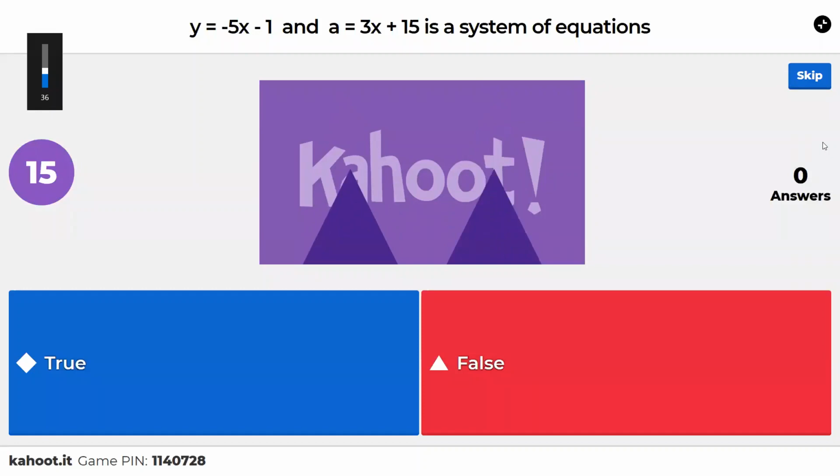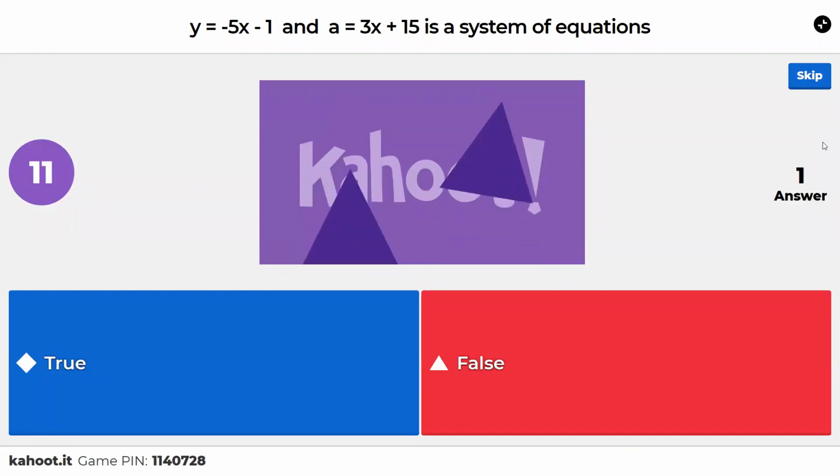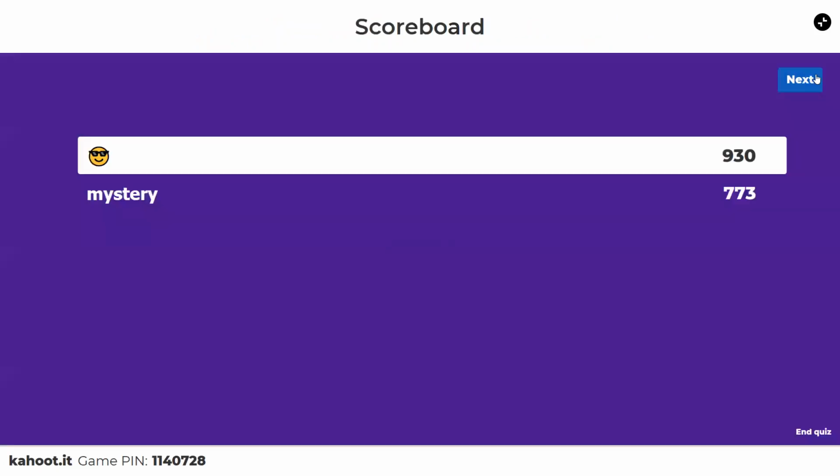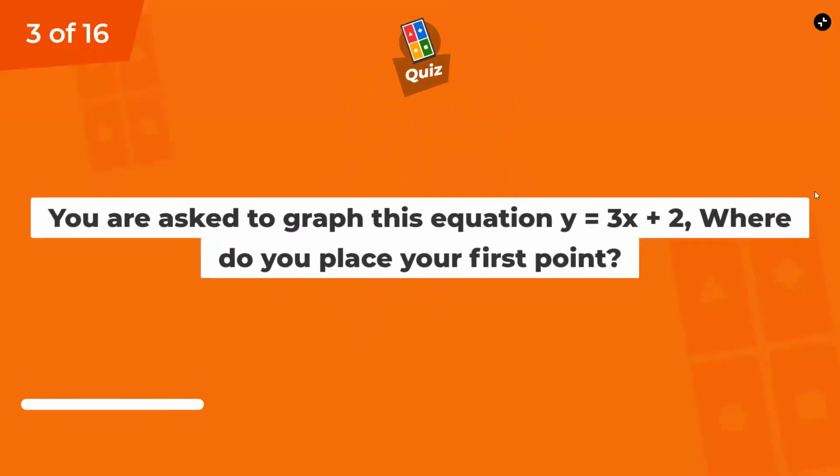Are they a system of equations? All right, false. Good, because this one has x and y. This one has an a and an x. So they're not a system because they won't link up, basically. Okay. Good. All right. Next question.